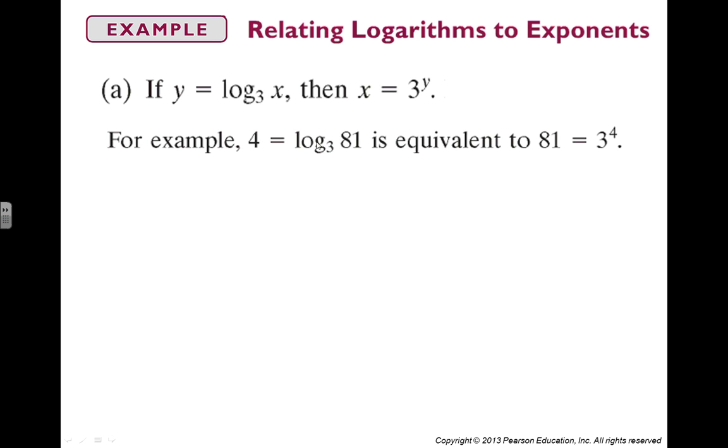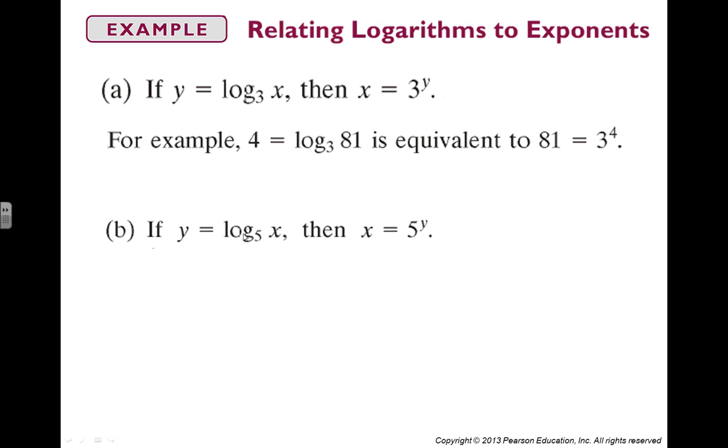If we have 4 equals log base 3 of 81, we shuffle this around. 3 is our base, 4 is our exponent, and 81 is our answer. So the exponent goes out by itself, this is your base, and 81 is your answer.